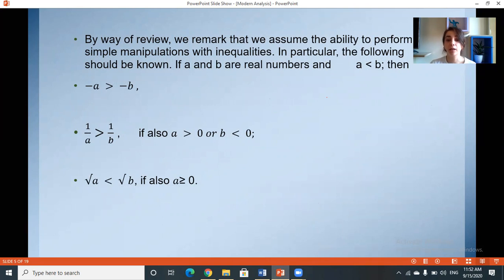If A and B are real numbers, any two real numbers, and A is less than B, then minus A is greater than minus B, negative B. For example, if A is 5 and B is 7, okay, you know 5 is less than 7, but minus 5 is greater than minus 7, negative 7, or 1 over 5 is greater than 1 over 7, and etc.